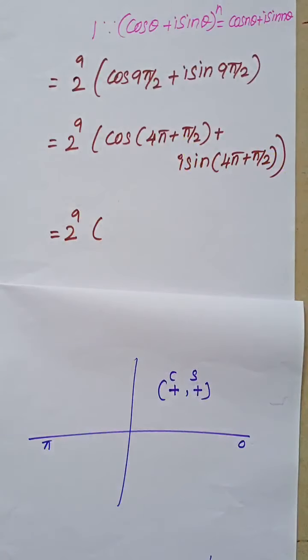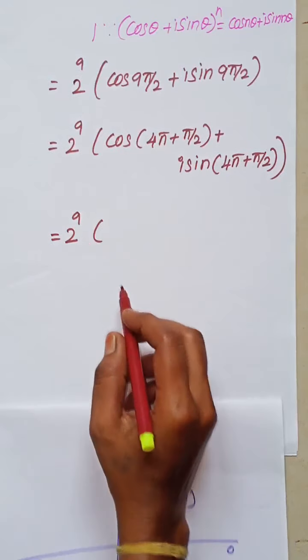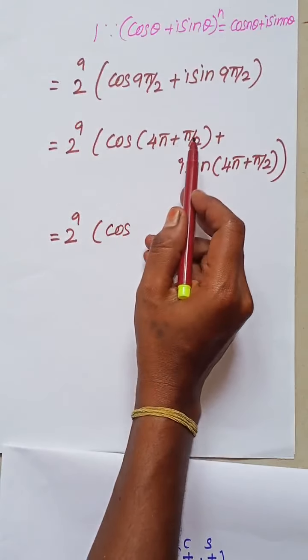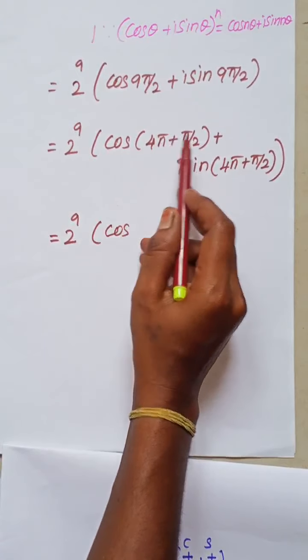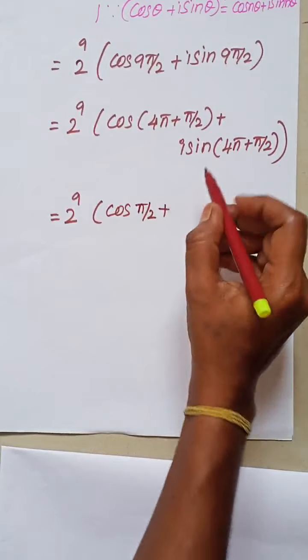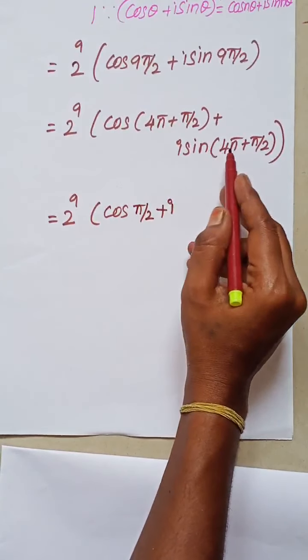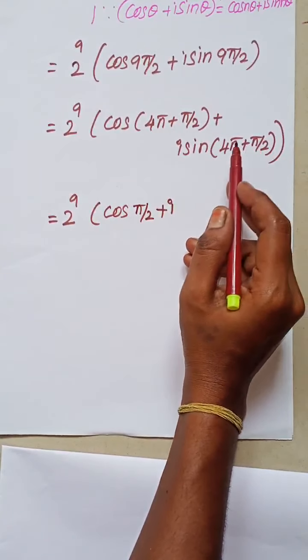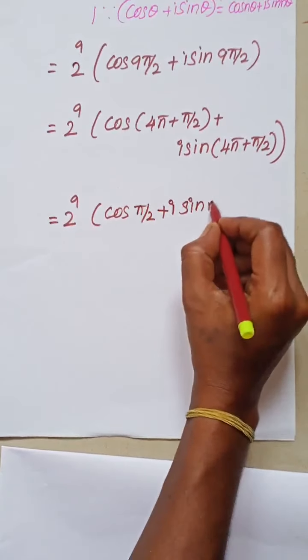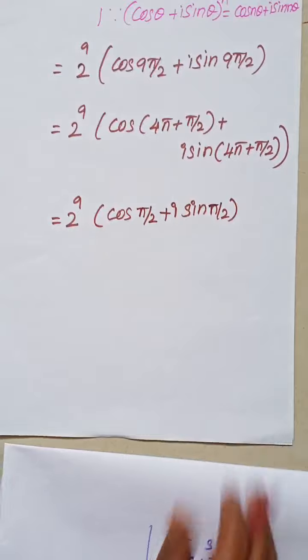So we can write it as 2 power 9 into cos theta, where theta is pi by 2, plus i into sin theta, where theta is pi by 2.